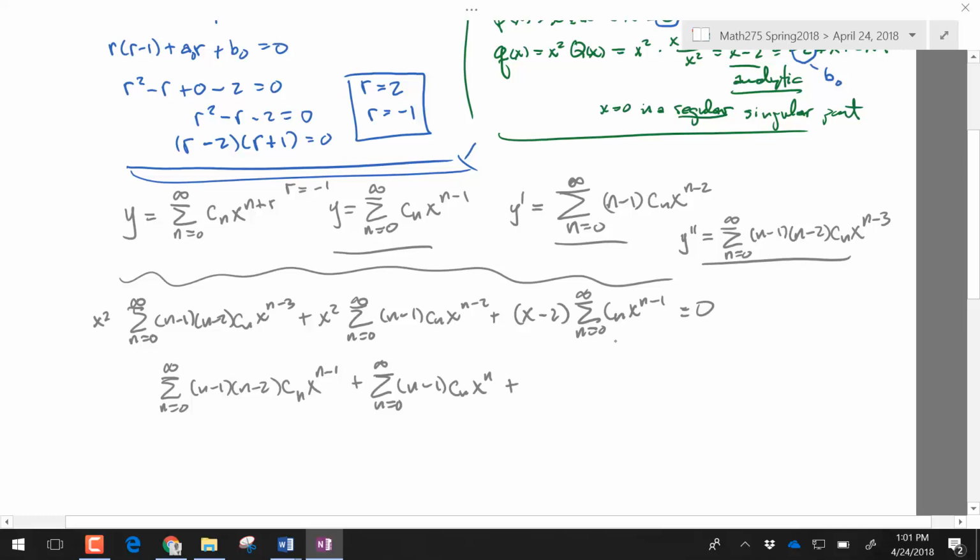And now let's multiply the x in, n goes from 0 to infinity, c sub n, x to the nth power, and then the last one, let's put a minus 2 in here, c sub n, x to the n minus 1.